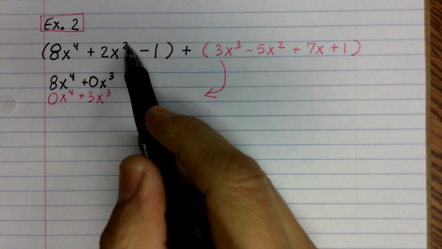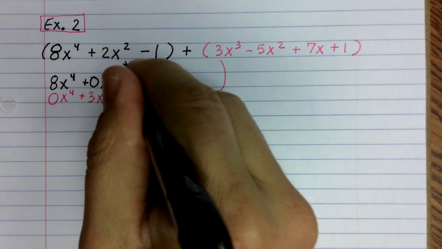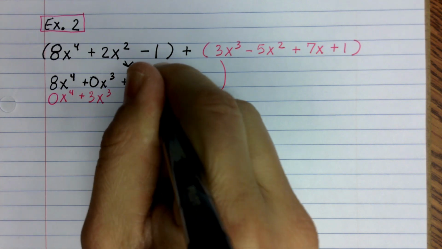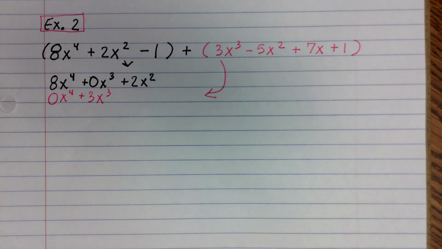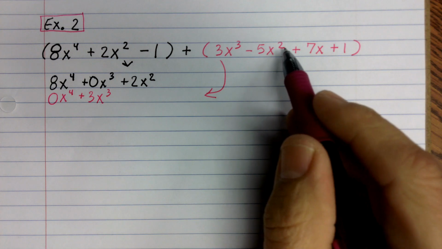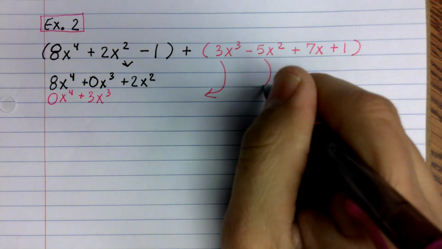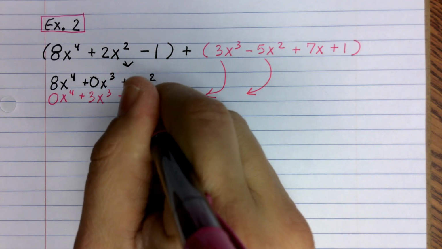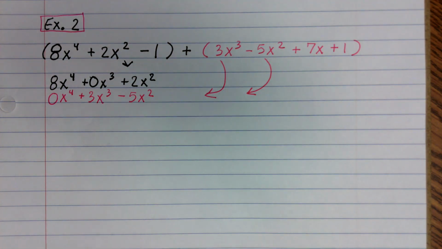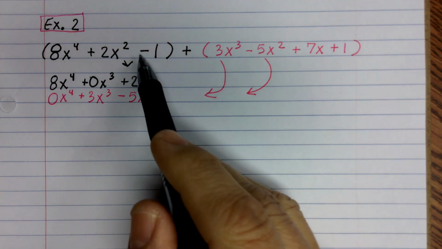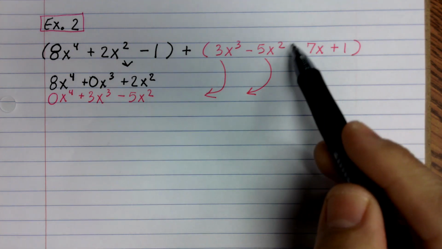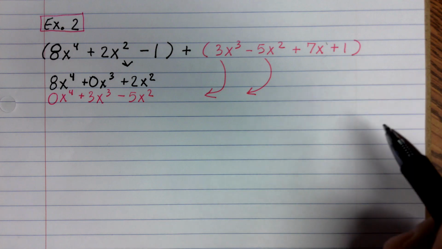For the next one we do have a power of 2, so I'm going to bring that down and put plus 2x squared. And notice we also have a power of 2 in the expression on the right, so I'm going to bring it down: minus 5x squared. Then notice on the left we don't have x to the power of 1, but we do on the right. So we need a placeholder for this x to the power of 1.